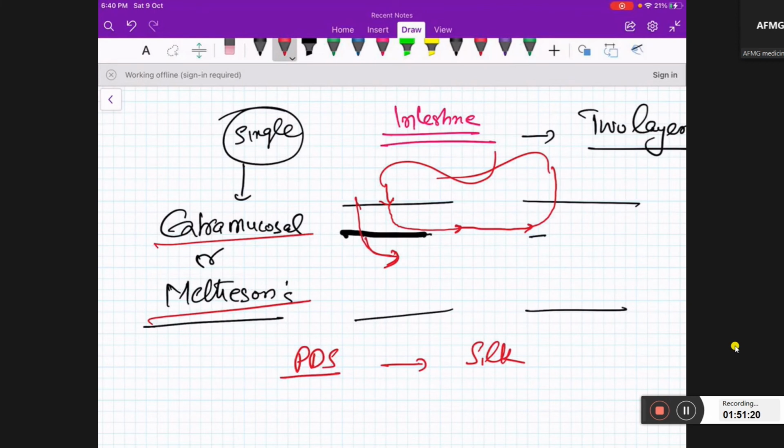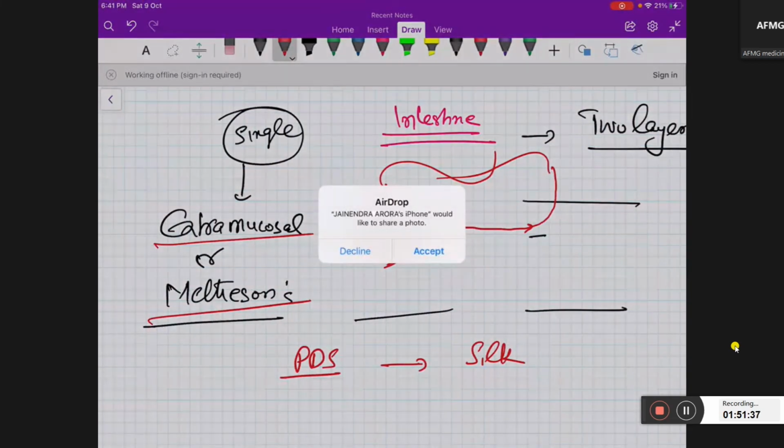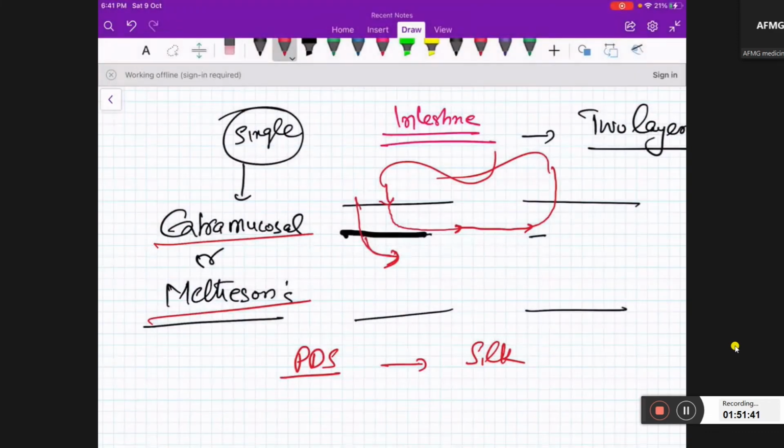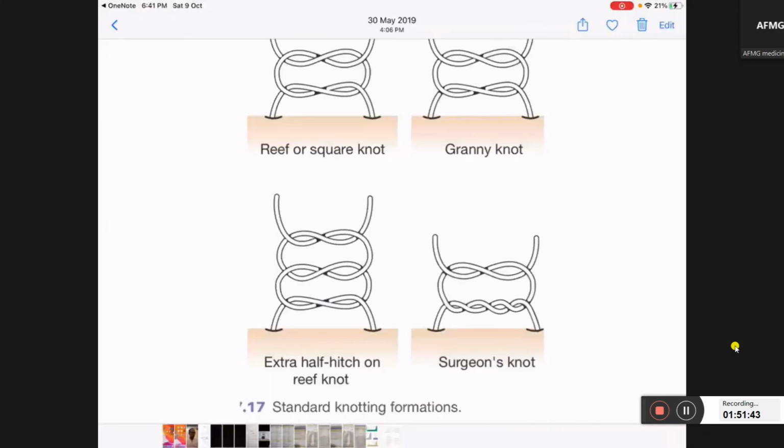Means we take a bite from the serosa, and instead of coming out through and through, we come out behind the mucosa.